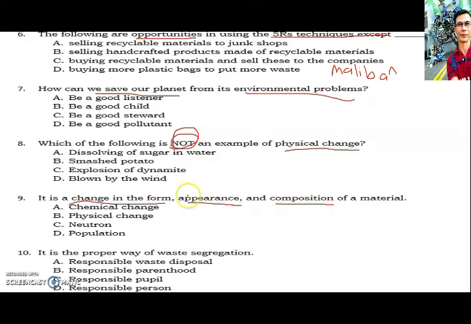Pagbabago daw, nabago sa form, sa itsura, sa pagkakayari ng material. And number 10, the last number, it is the proper way of waste segregation. So what's segregation? Meaning, to separate, or pipiliin mo daw yung mga waste according to kind. Okay, next.